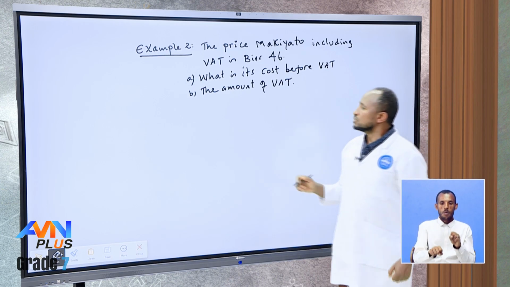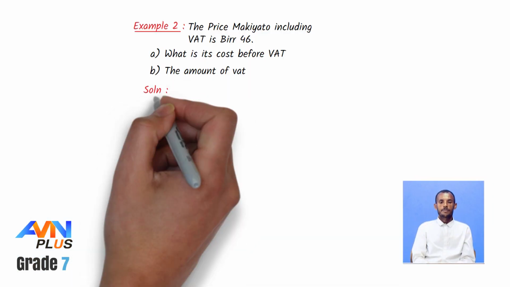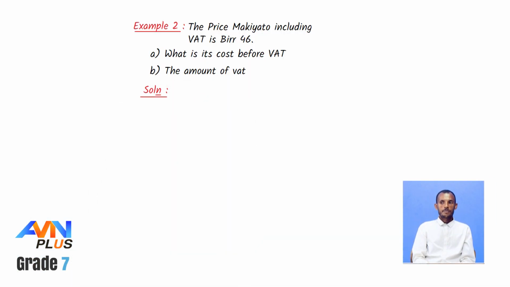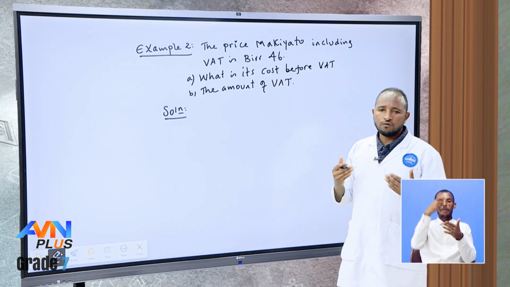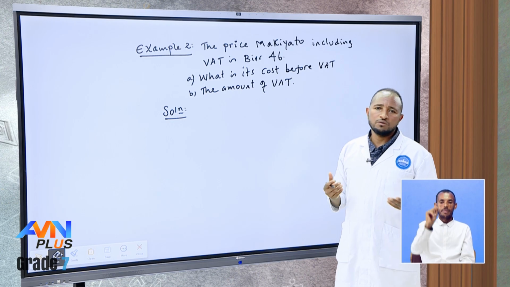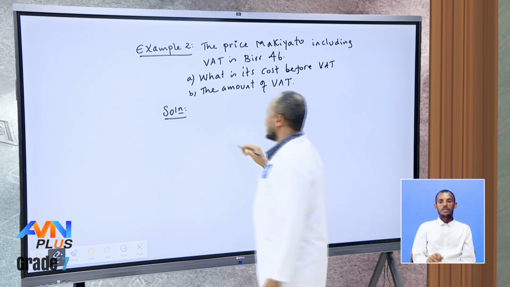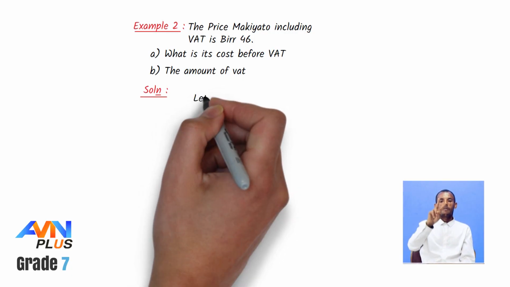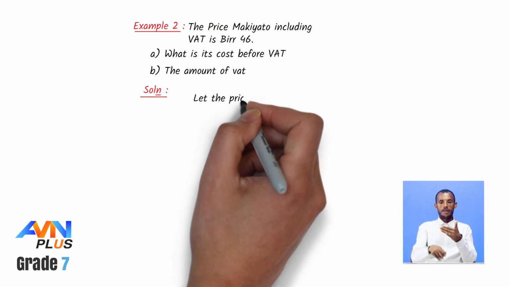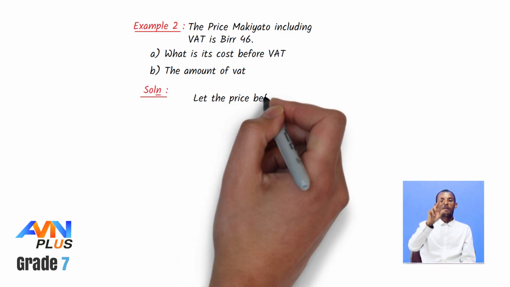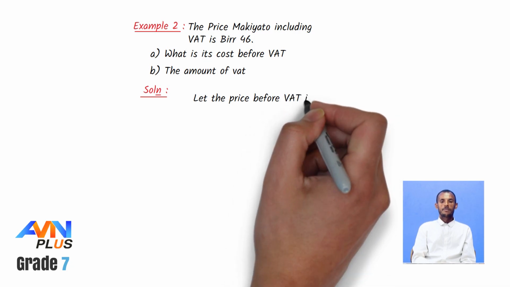So to solve this, first let's assume the price before VAT to be X. We don't know the price before VAT, so let the price before VAT be X.